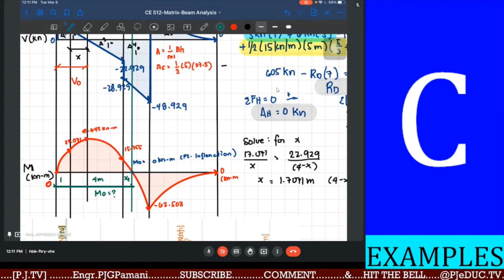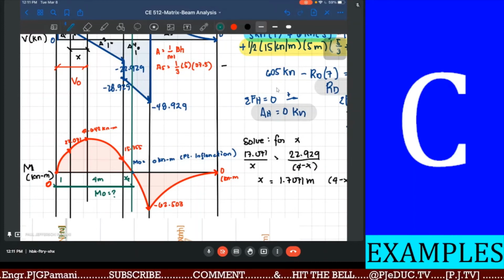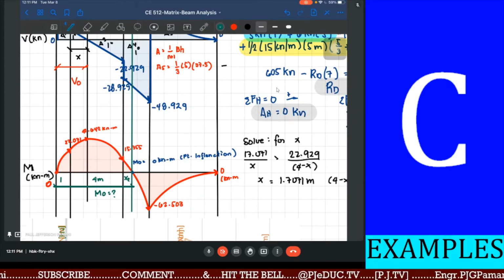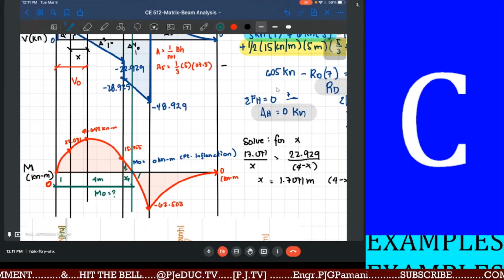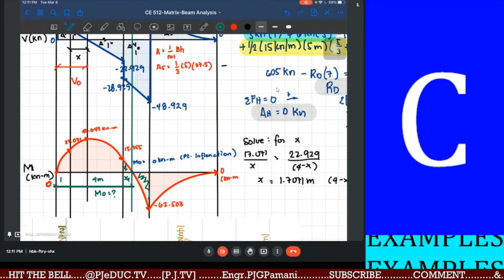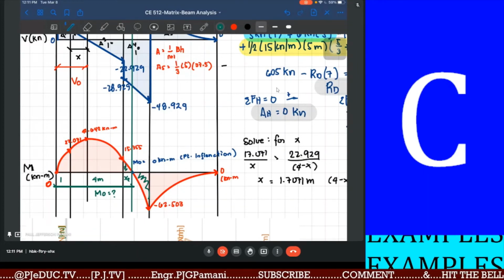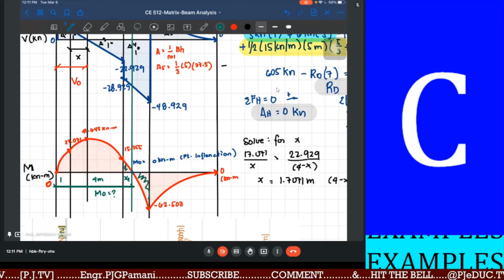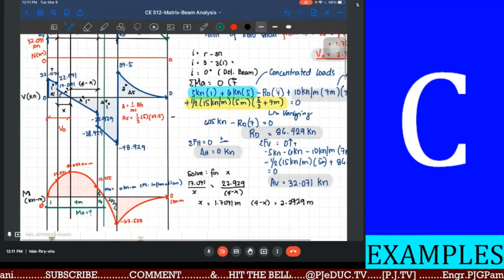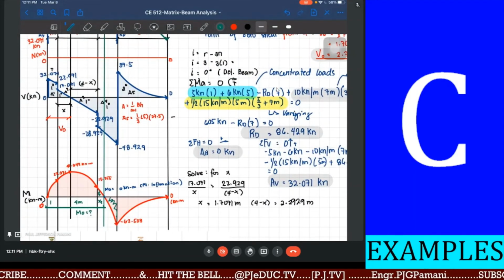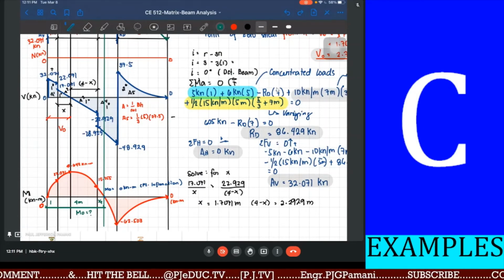Hanapin natin yung distance ni x2. So, by ratio and proportion, moment analysis, kunin natin yung area niyan. Area din yan for us to compute distance x2. Okay? Naintindihan po. So, that will serve now as your shear and moment diagram for this problem.